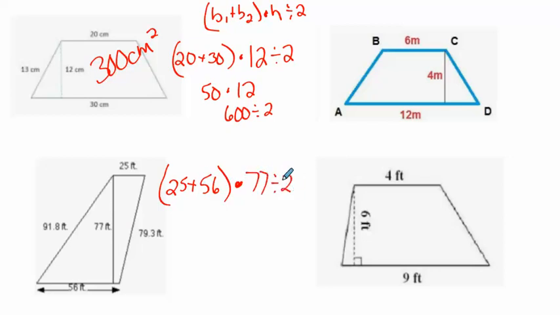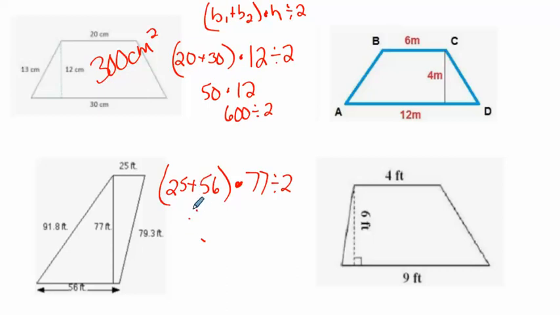Okay, now that's a big one. I don't know all this, so I'm going to have to grab my calculator on this one. So I'm going to go 25 plus 56. Is that right? No, 81.